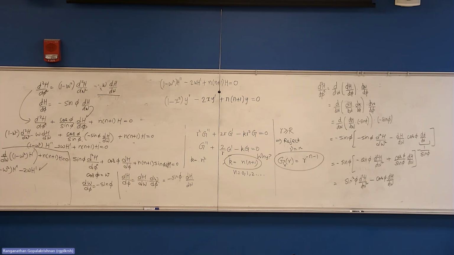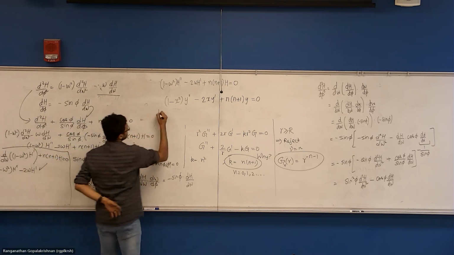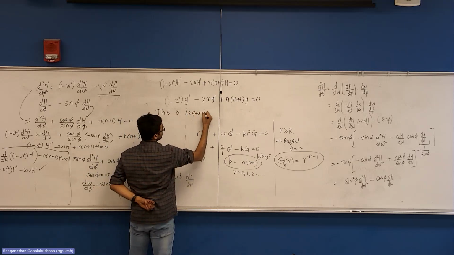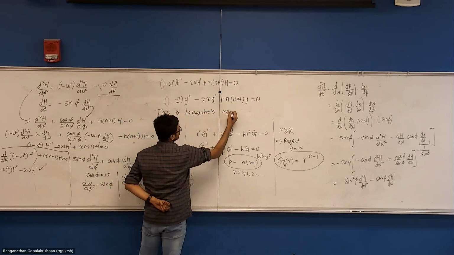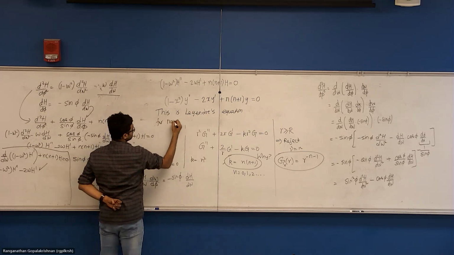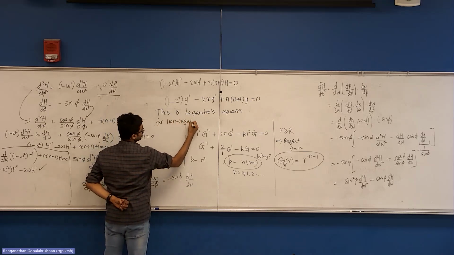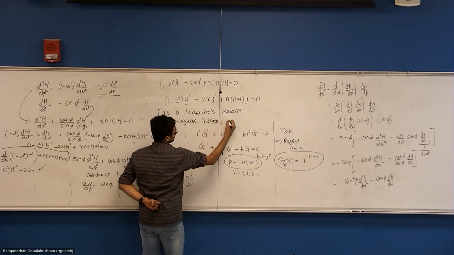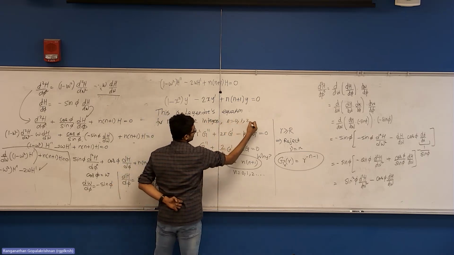And for integer values of n, you get the so-called Legendre polynomial. This is Legendre's equation for non-negative integers n equals 0, 1, 2, and so on.